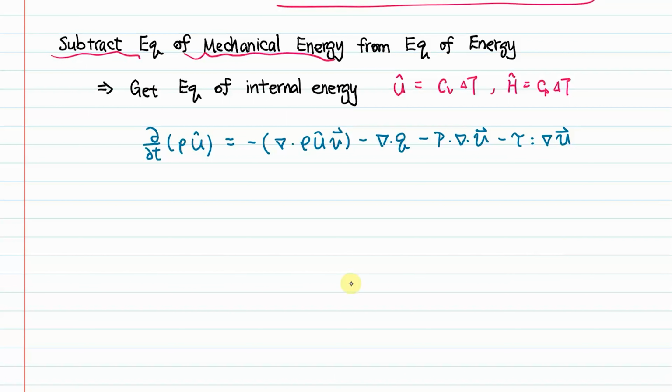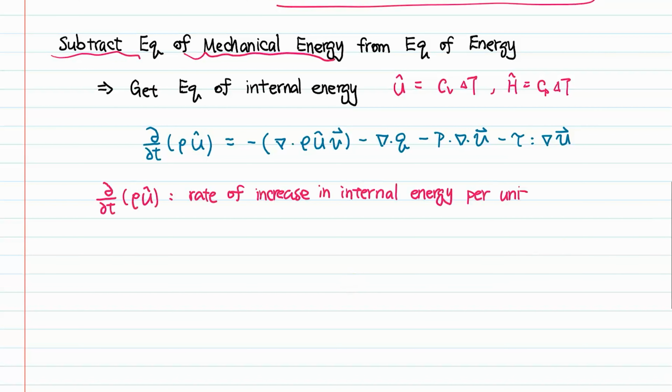So the first term, partial t rho u, this is the rate of increase in internal energy per unit volume.